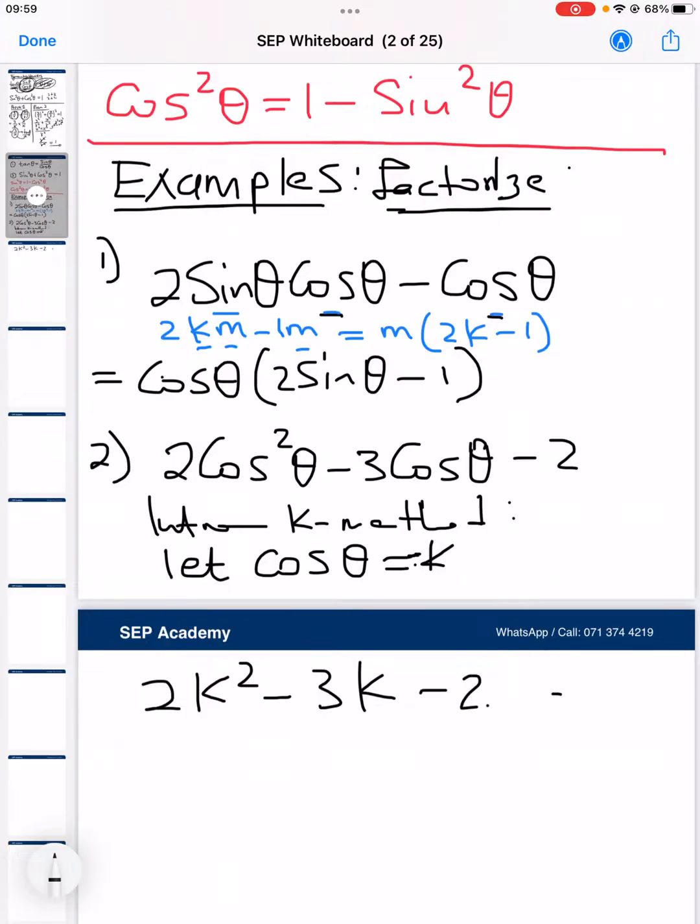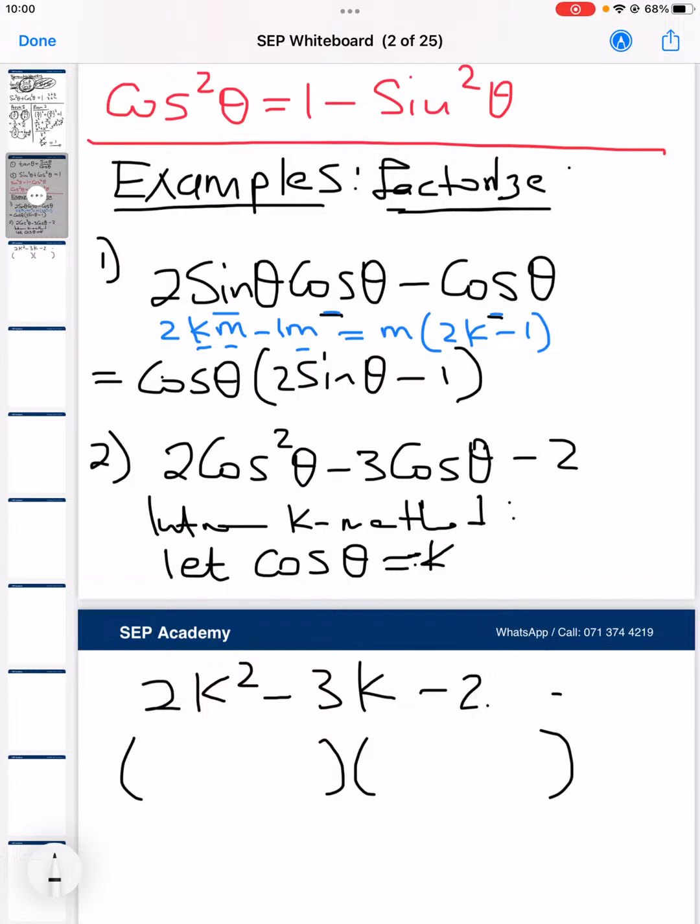You now have a quadratic equation whereby you can use your quadratic formula to factorize. I'm pretty sure that by now you do know how to factorize. Assuming that you do not, I will say negative b, where our b in brackets is negative 3, plus or minus square root of b squared, negative 3 squared, minus 4ac, where c is negative 2, over 2a, where a is 2. It gives us a 2.